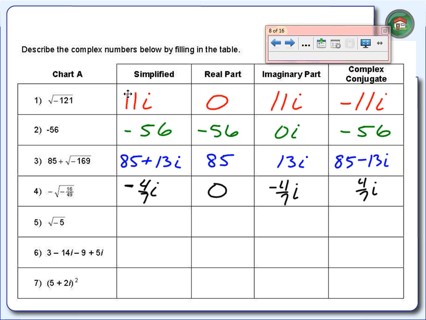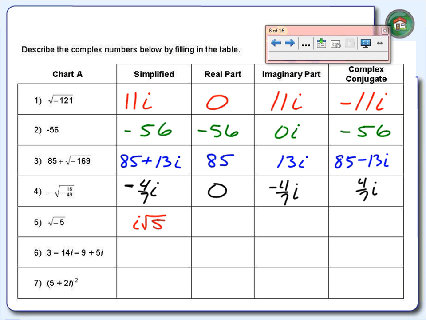Number 5, square root of a negative 5. Well, I know the square root of a negative is going to give me the i. But what's going to happen if I try and take the square root of 5? You get a decimal. And we don't want that decimal, so we're going to leave it as the square root of 5. Okay, so we just simplified it. We end up with i square root of 5.